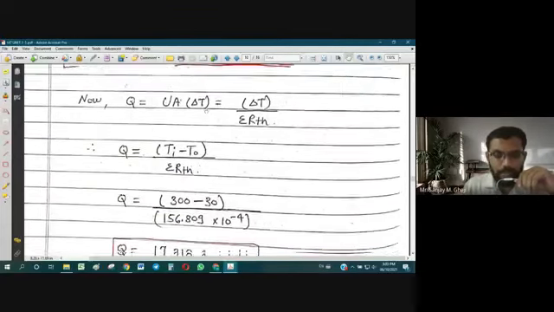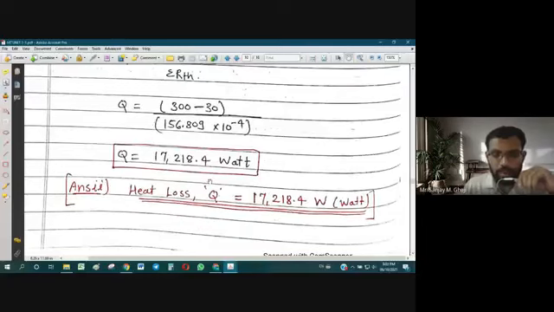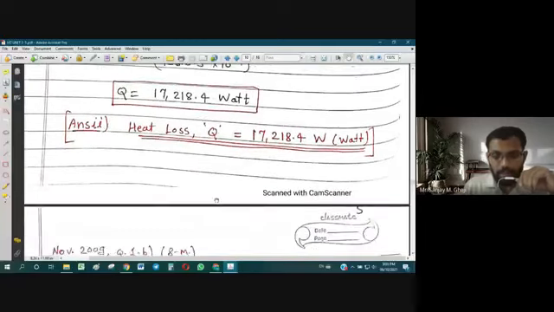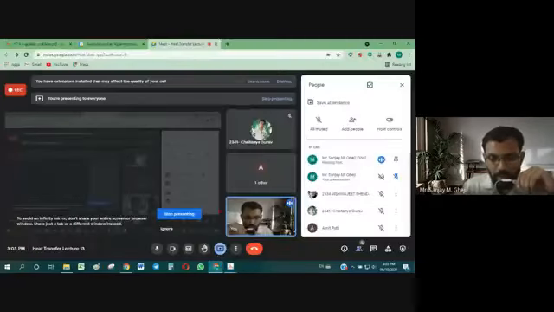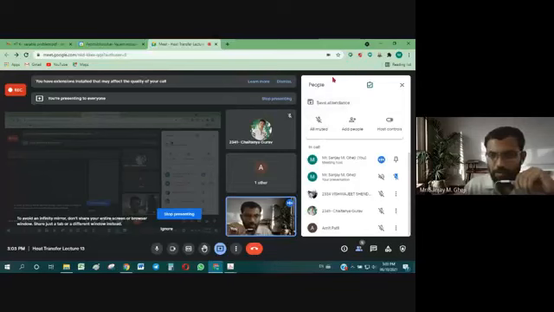In the same fashion, we are going to have some more problems based on hollow sphere and composite hollow sphere, composite hollow cylinder. Since we have already lost so much of our time today due to some power loss issue and technical issue, with this we will stop our today's discussion and we will carry on from tomorrow onwards.